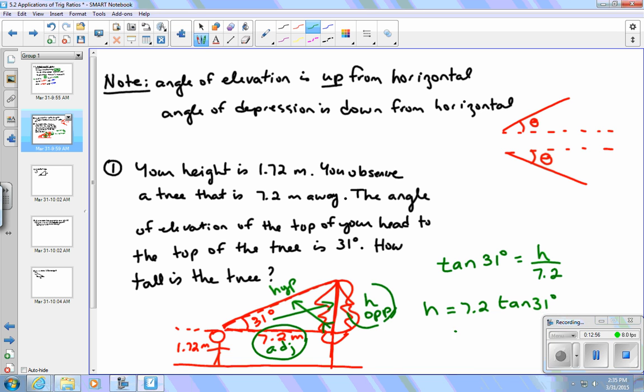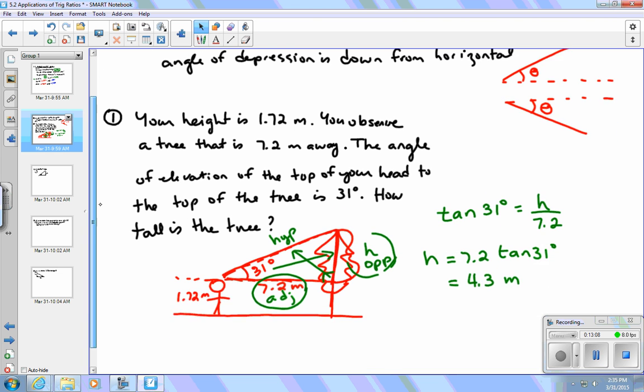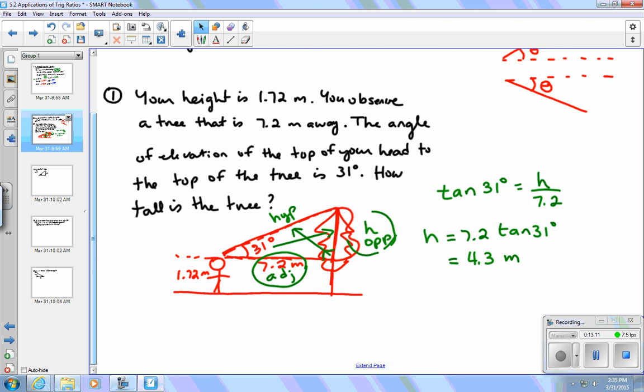And once we've played with our calculators, we get that h is 4.3 meters. Okay, now h is not the full height of the tree. We need to add to that height the height from the ground that we were measuring from, because remember, the angle of elevation is from the horizontal there.